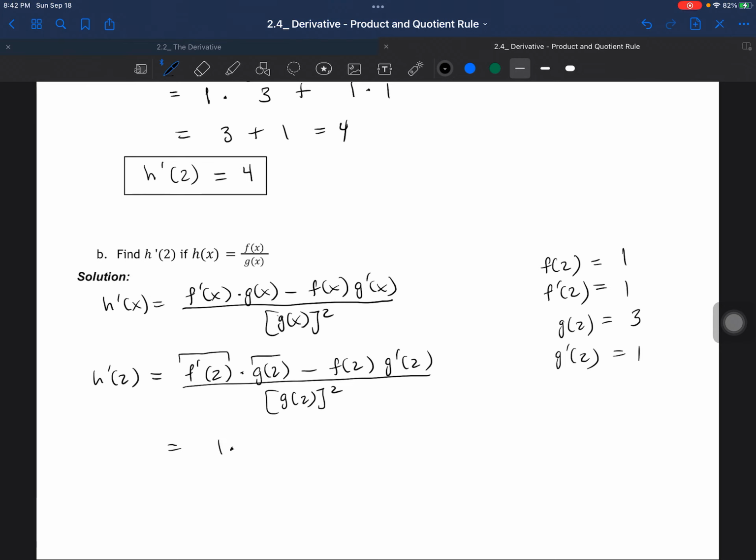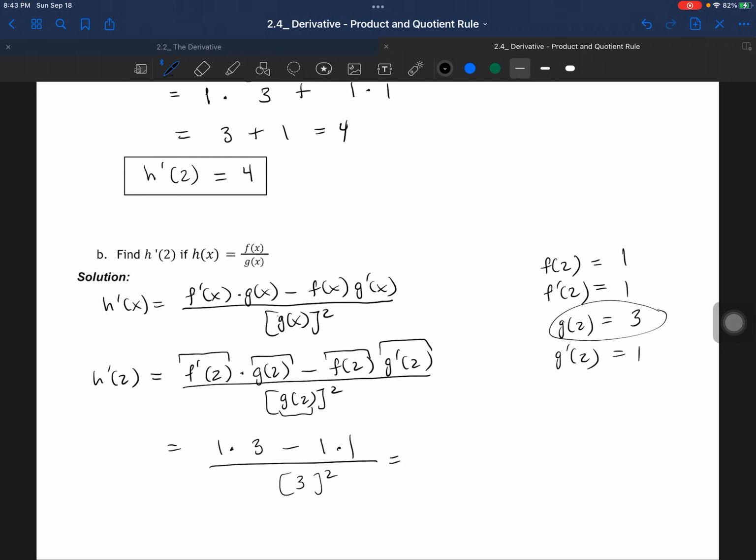So this one is going to be 1. This one is going to be 3, minus this one is going to be 1, times this one, which is going to be 1, all over g of 2, which is this one, and then squared, right?